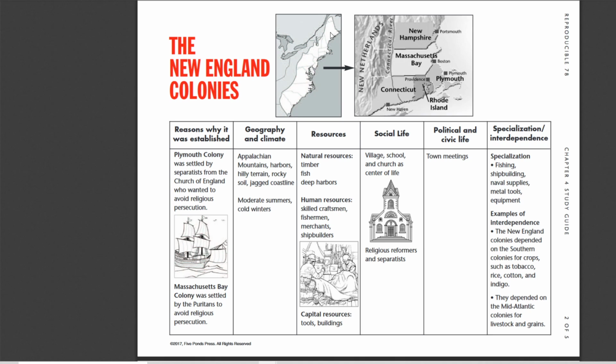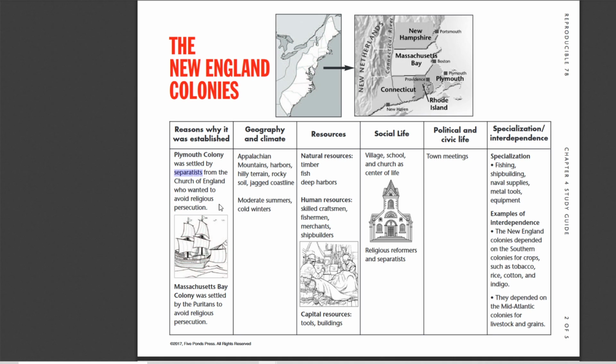Now, remember, in the north, anything above this line here is going to be religious. So when we're talking about the New England colonies, they were made because they wanted to avoid religious persecution. The people that it consisted of were the separatists, which we know as the Pilgrims. They landed right here in Plymouth.